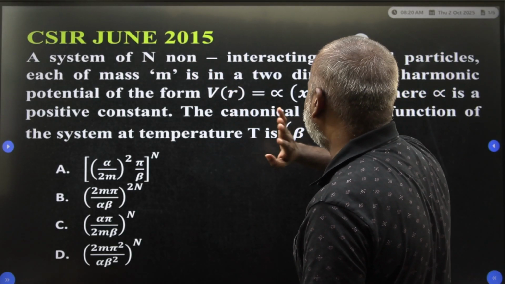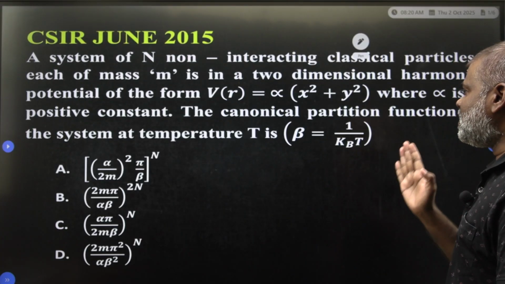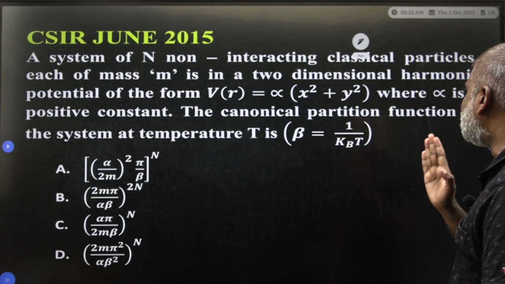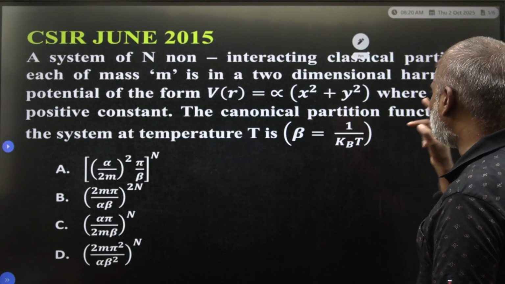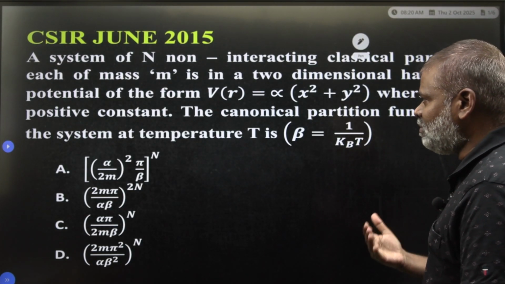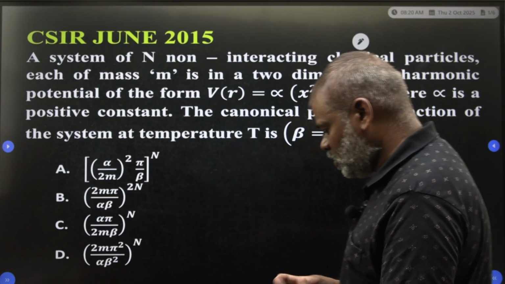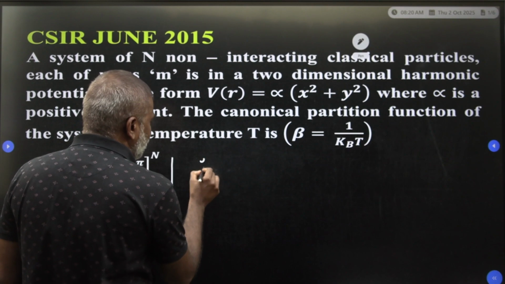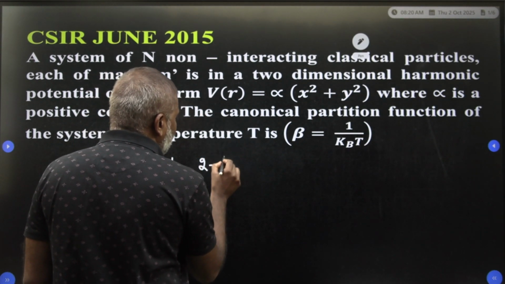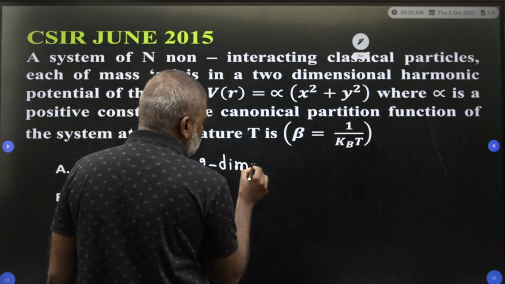CSIR June 2015 had this question: a system of N non-interacting classical particles, each of mass m, is in a two-dimensional harmonic potential of the form V. Whatever data they give, you have to write it first.